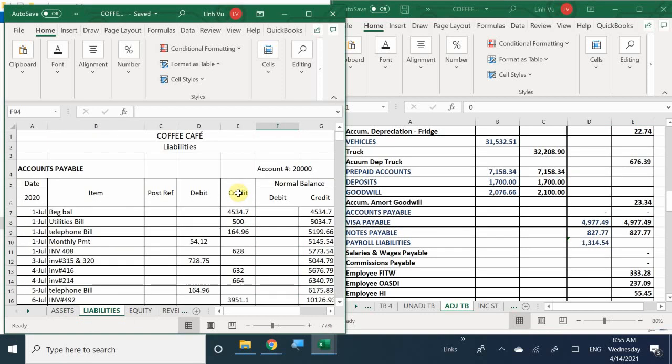Now we're going to go ahead and move along to my liabilities. So liabilities, right? Here, in this scenario, we agreed to pay off everything that we owe for accounts payable.